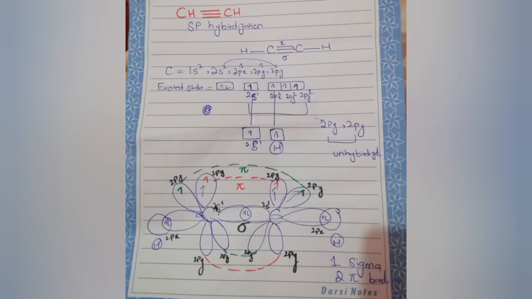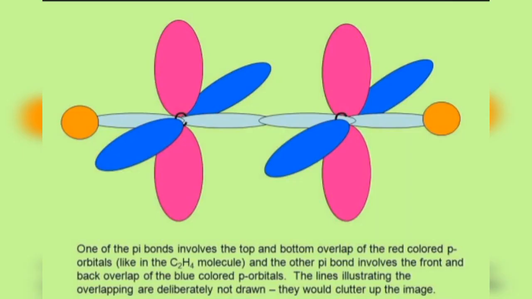In this way, 2py of one carbon atom can make a pi bond with 2py of the other, and 2pz of one carbon atom can make a pi bond with 2pz of the other, as 2py and 2pz are unhybridized, so they will form pi bonds. One of the pi bonds involves the top and bottom overlapping, and the next pi bond involves front and back overlapping of the blue p orbitals.